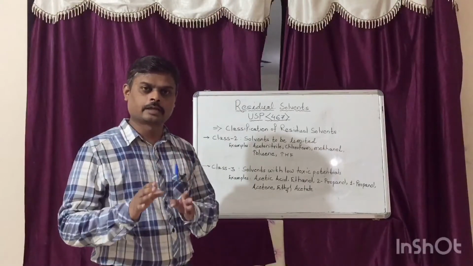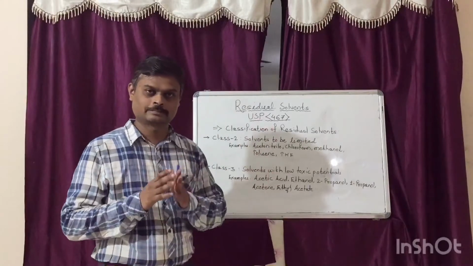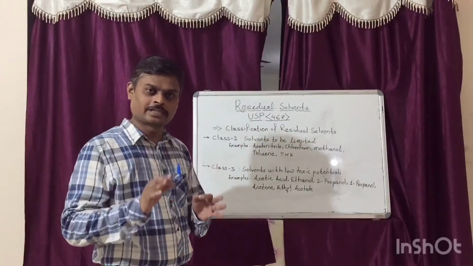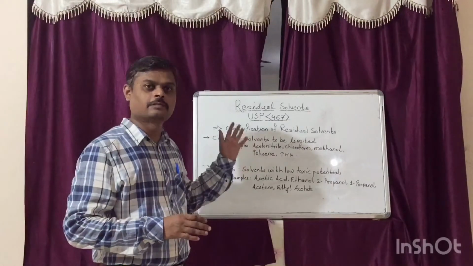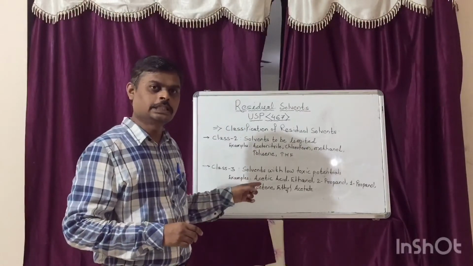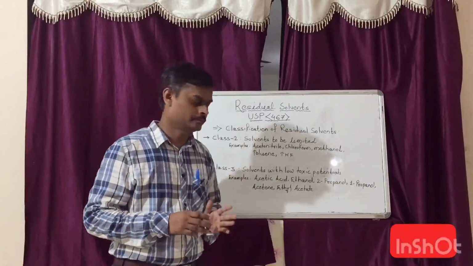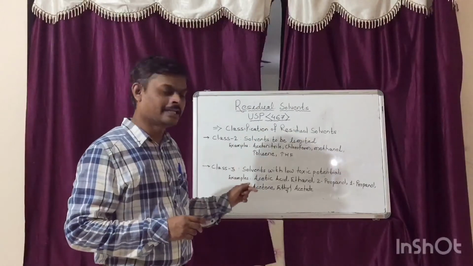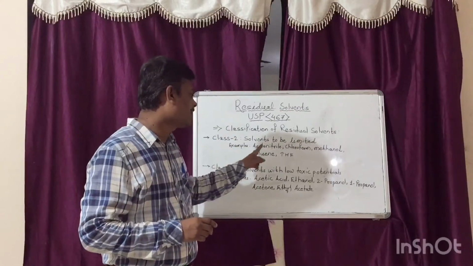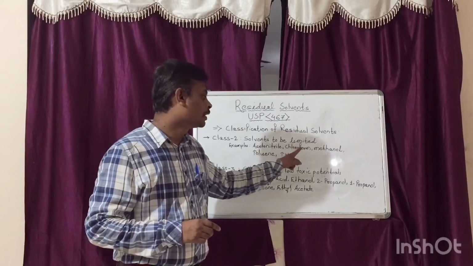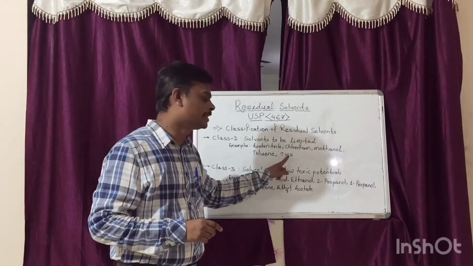The second category of residual solvents is class 2 residual solvents. These solvents are relatively less toxic compared to class 1 solvents. However, use of these solvents should be limited. Typical examples of class 2 residual solvents are acetonitrile, chloroform, methanol, toluene and tetrahydrofuran.